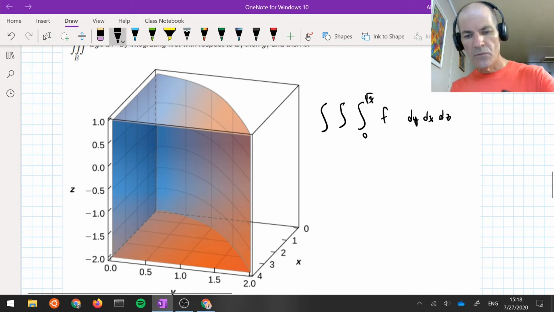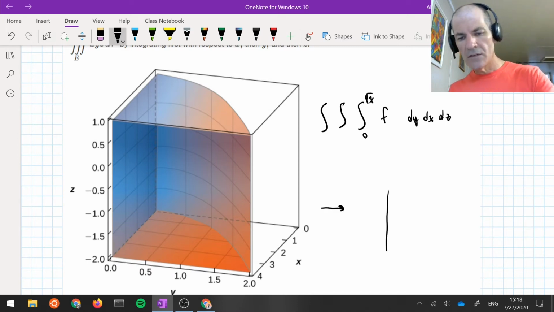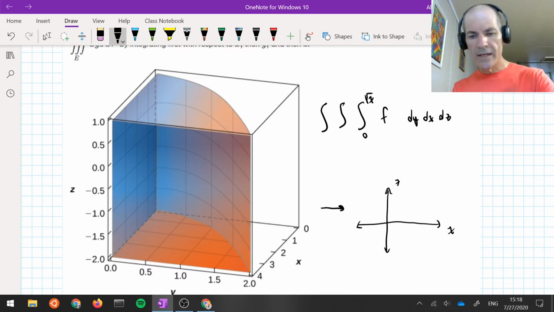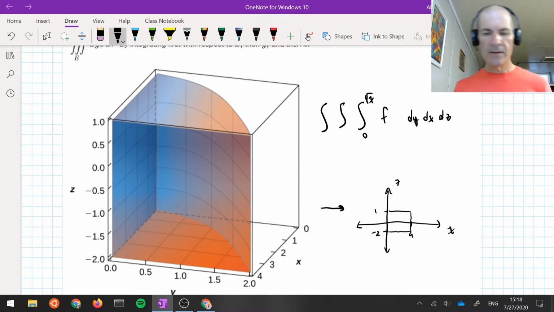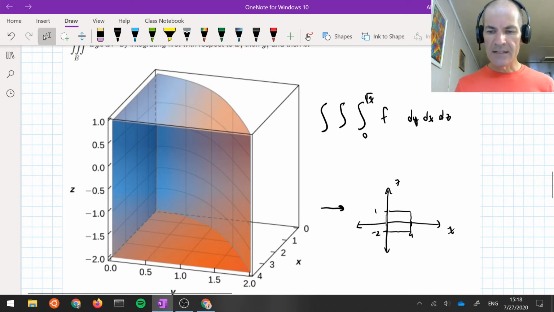So if we collapse this figure into the xz plane, I'm just going to draw these in without really caring much about scale, -2 and 1 up here like that. We're going to get a rectangle that looks like this. So if I were to collapse this figure into the xz plane, this is what I would see. This is nice. This is just a rectangle.